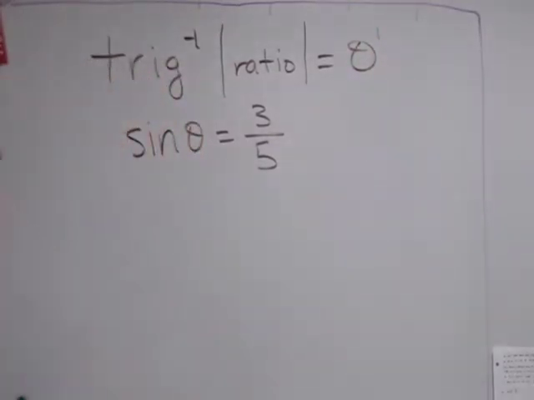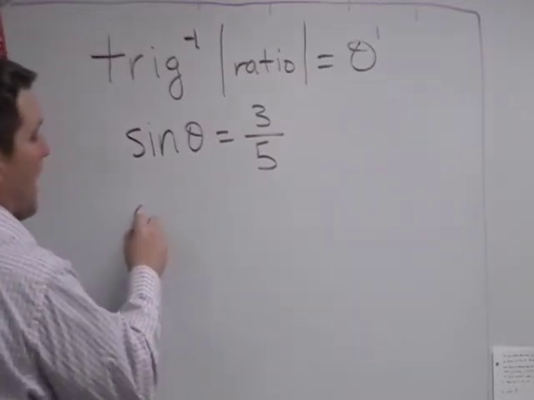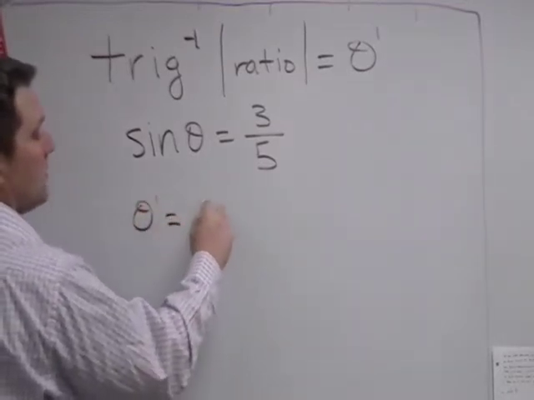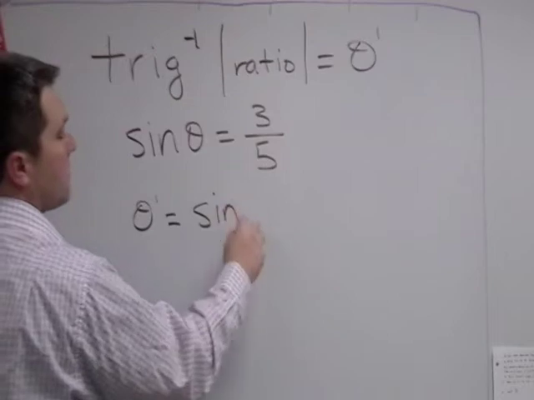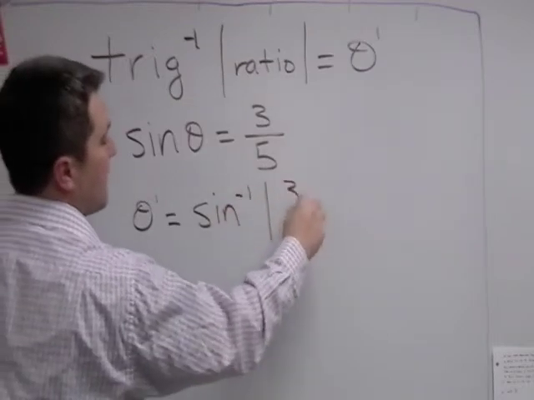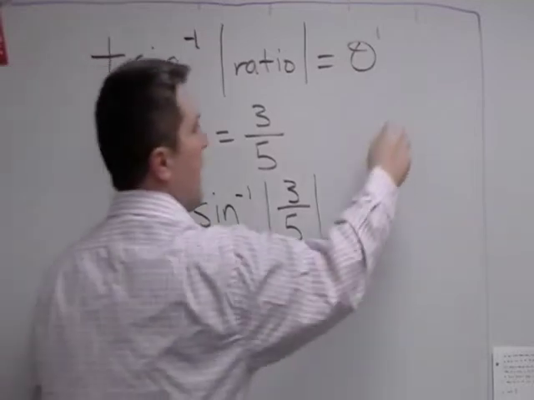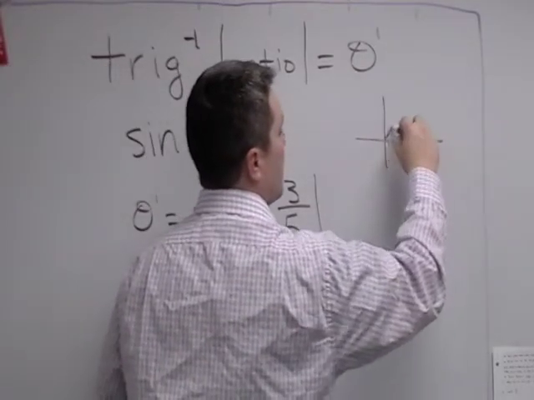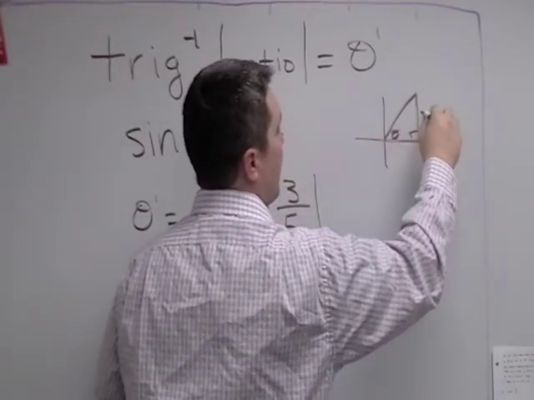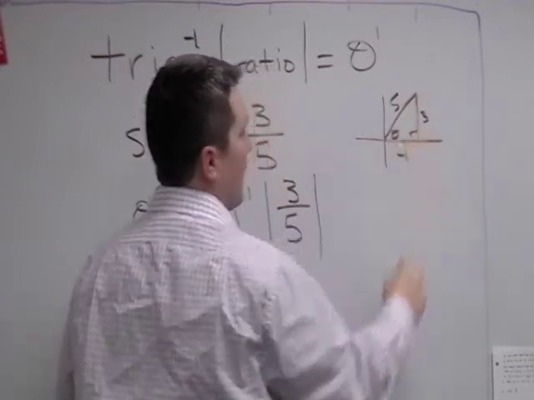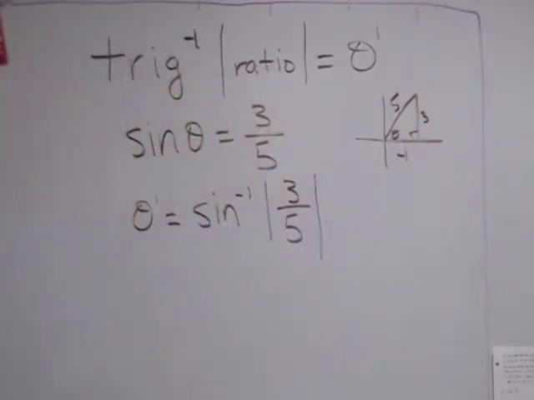So in this example, theta prime equals sine inverse of the absolute value of 3/5. We've had this triangle, 3, 4, 5, but we don't know that theta, and it hasn't mattered. Now we're going to find that theta.